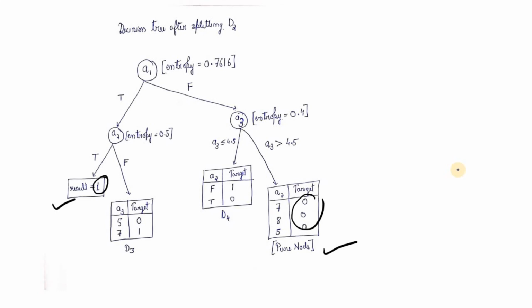We were left with two datasets, D4 and D3. We can calculate the information gain in the usual way, but since the number of data points in D3 and D4 is pretty small, we can skip the step and get the final decision tree, which will look somewhat like this.